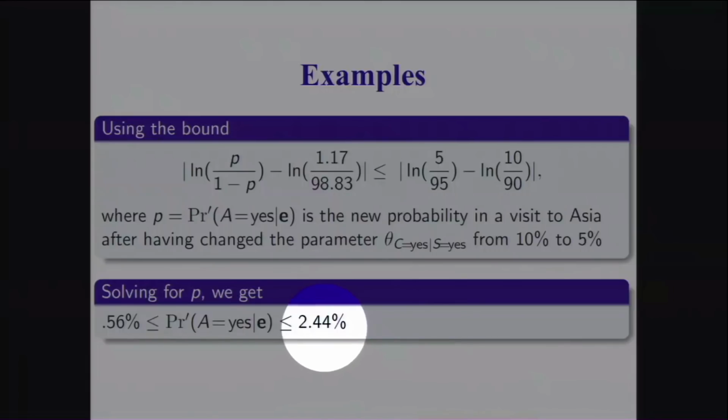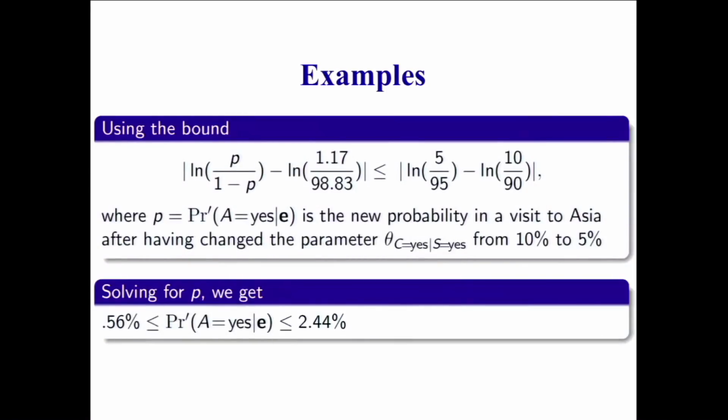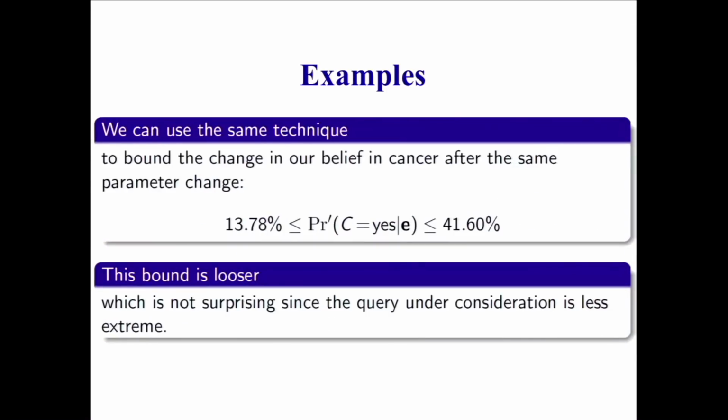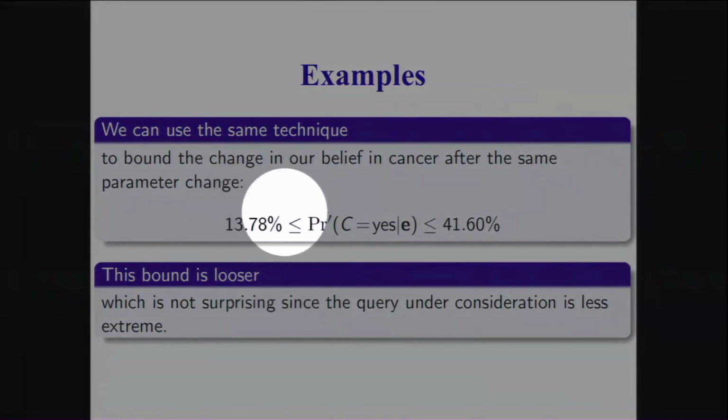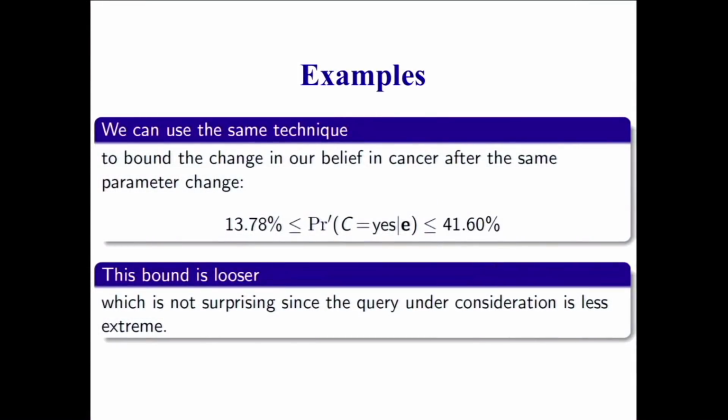Not bad at all. Let's see the other query, which was around 25%. If you do the same thing, what do you get? You get this. Okay, from the absolute point of view, it's looser, but we knew this, correct? Intuitively, when we looked at the bounds, we knew that non-extreme queries may change even more.